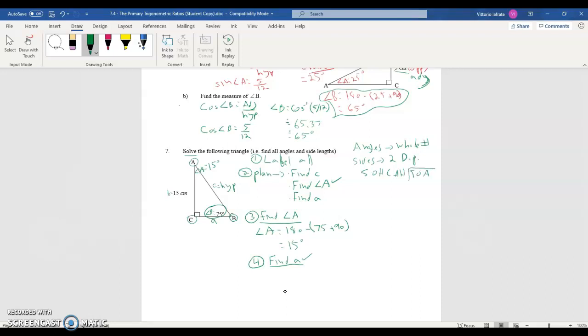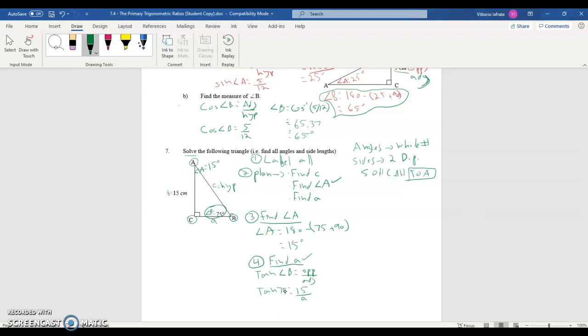Opposite and adjacent. I'm using my tan in this case. So I know that tan of angle B is equal to the opposite over adjacent. So tan of 75 is equal to opposite, 15 centimeters, over my adjacent side, which is A. We don't know what it is.